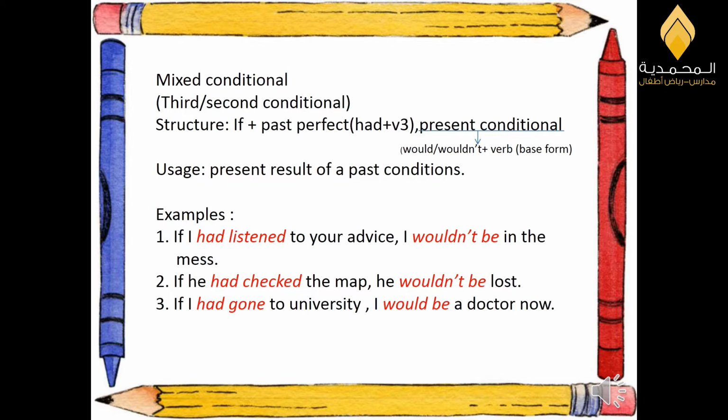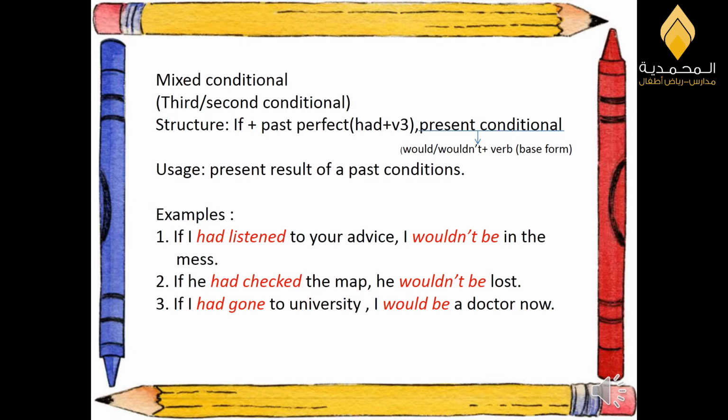Example number 2. If he had checked the map, he would not be lost. Is he lost now? He is lost. But the unreal condition is that he did not check the map. Example number 3. If I had gone to university, I would be a doctor now.